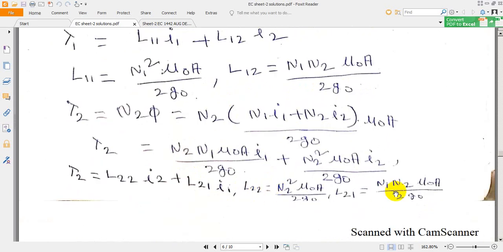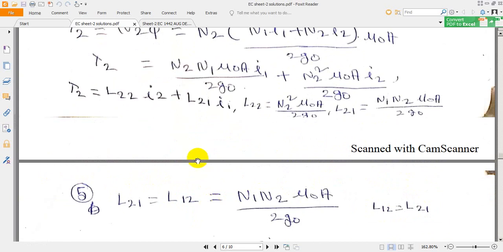So L21 and L12 both are the same, and hence the mutual inductance is the same. And L22 is the self-inductance of coil 2. I am writing this as L22, and this whole parameter L21. L22 into I2 plus L21 into I1.